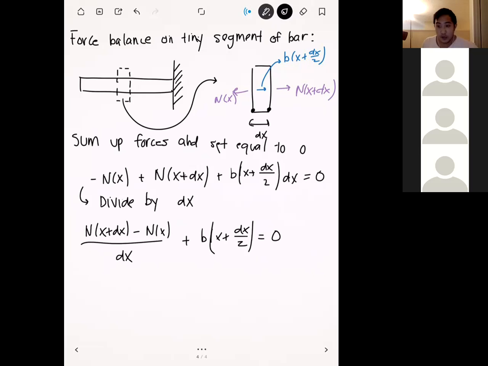If you remember from your very early calculus classes, we're starting to get to the form of a derivative here. So we're going to take the limit as dx approaches 0. For the first term with all the n's, this turns into dn/dx, plus b of x is equal to 0.